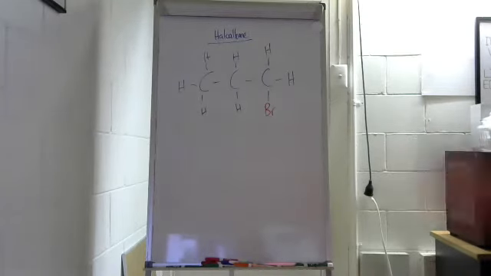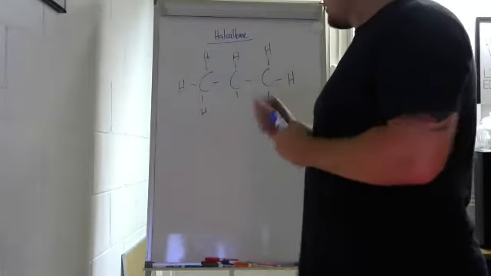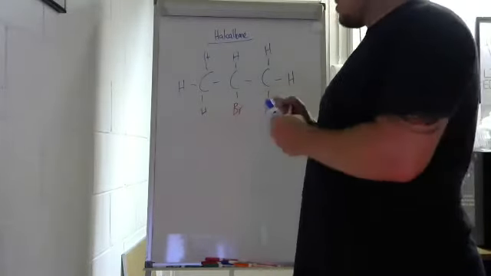Okay. So this next one, crazy idea. We add 2 bromine and it becomes a dihaloalkane.